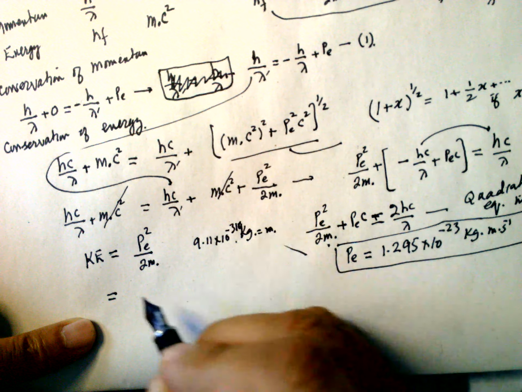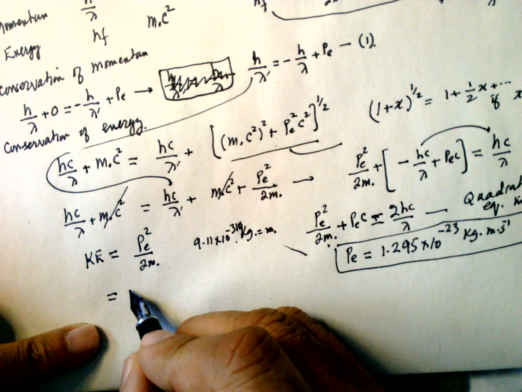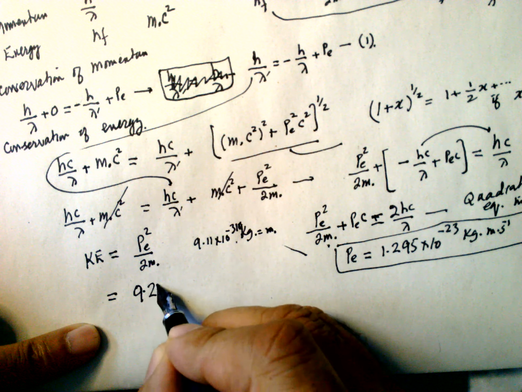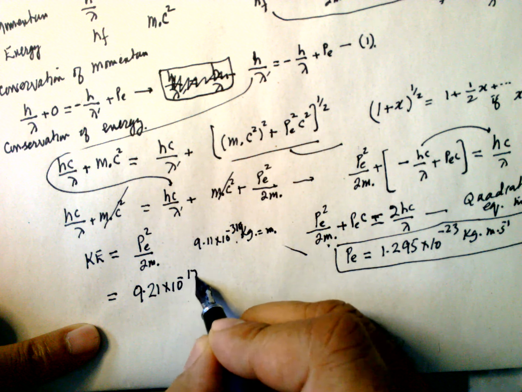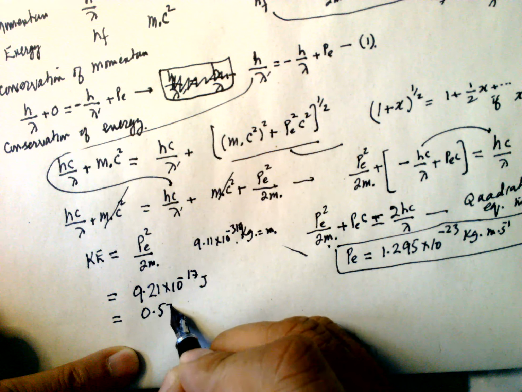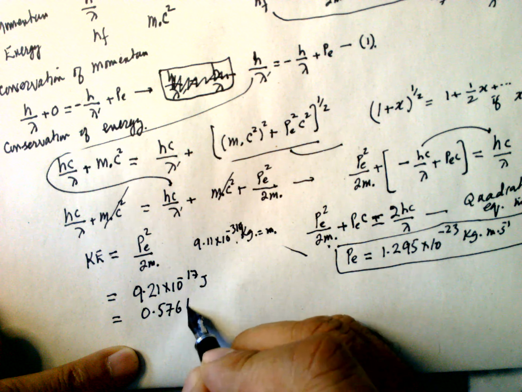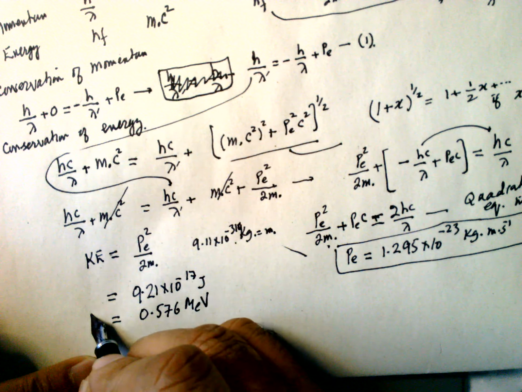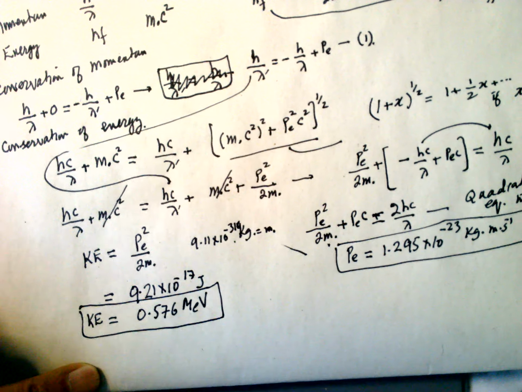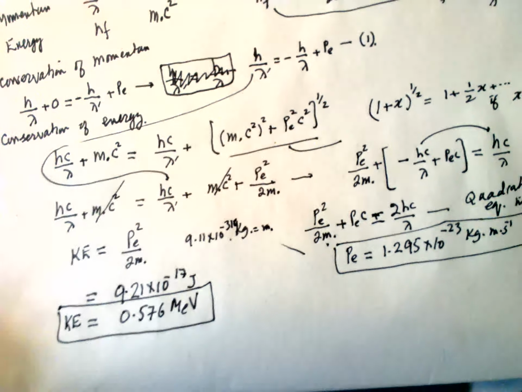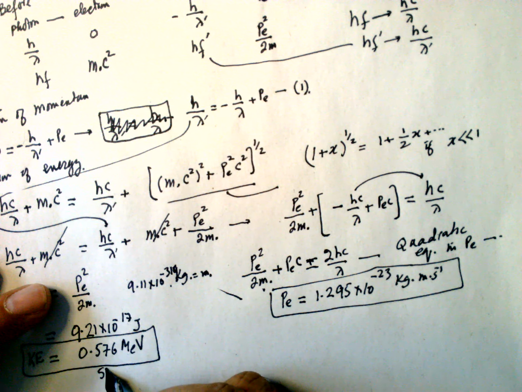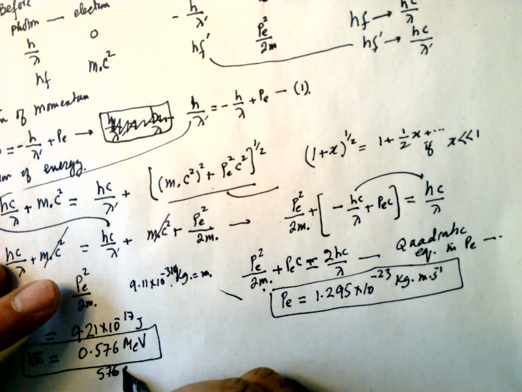If you use this, the kinetic energy is equal to 9.21 times 10 to the power minus 17 joule, or 0.576 kilo electron volt, or 576 electron volt.